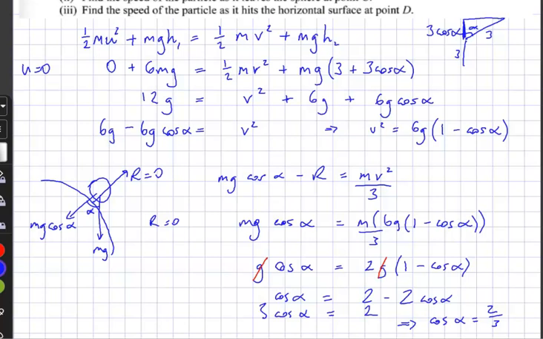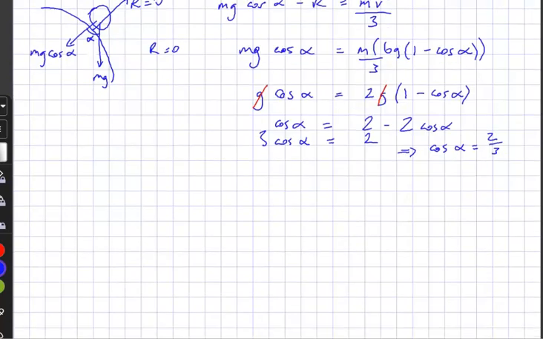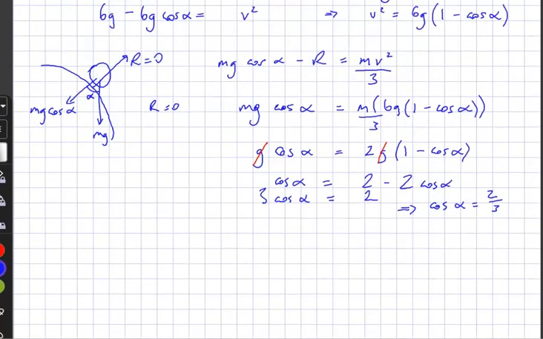Okay, so the question moves on to asking what is the speed of the particle when it leaves the sphere. Well, we've got an expression for the angle. We've also got an expression for the velocity. So just to remind us, v squared is equal to 6g times 1 minus cos alpha. Well, we now know what cos alpha is. Cos alpha is 2/3.